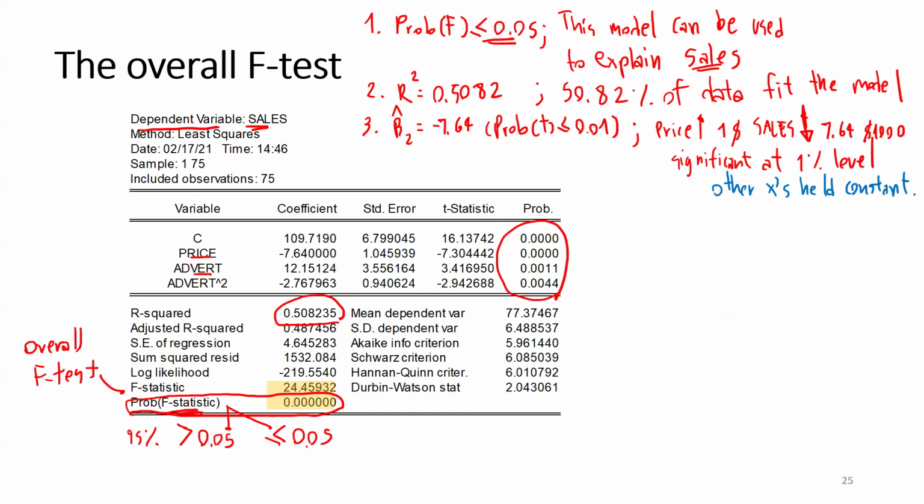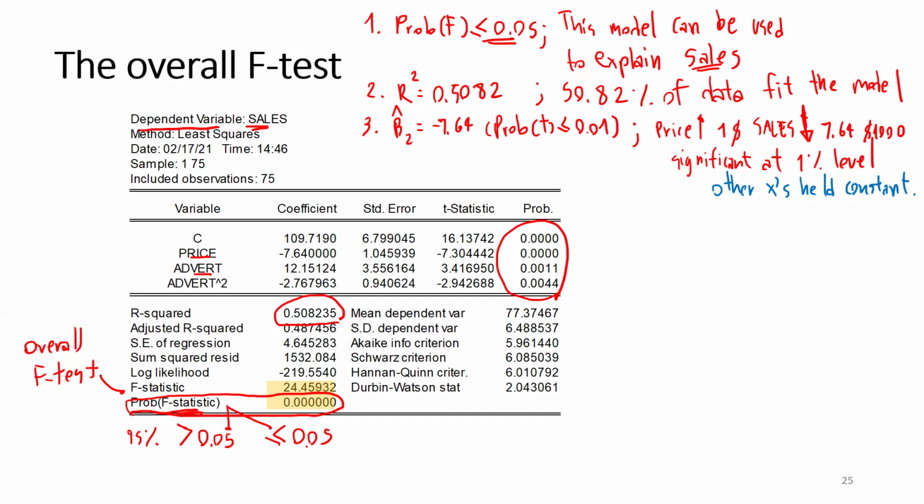This means, first, the p-value of F is less than 0.05, so this model is valid, or this model can be used to explain sales. Second, if we see R squared equals 0.5082, it means it can explain well, 50.82%.